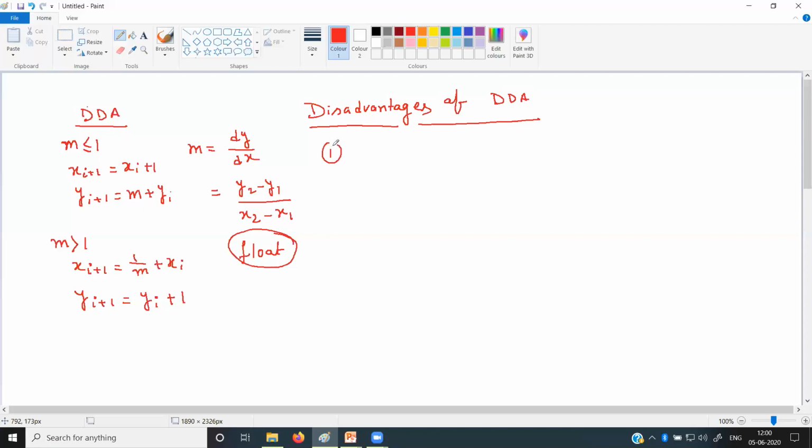Number one, the first disadvantage is accuracy is poor, and the second disadvantage is we need to perform a floating point operation.